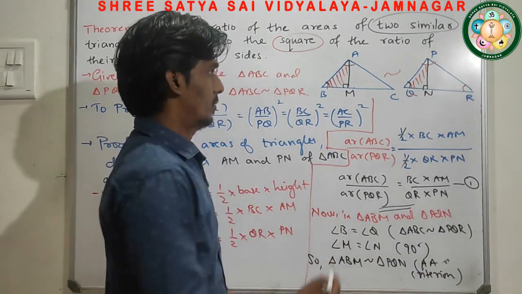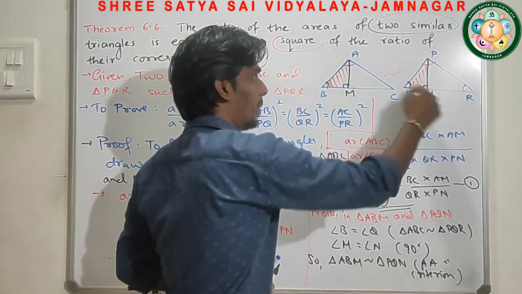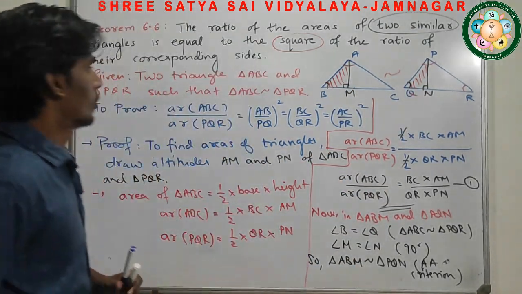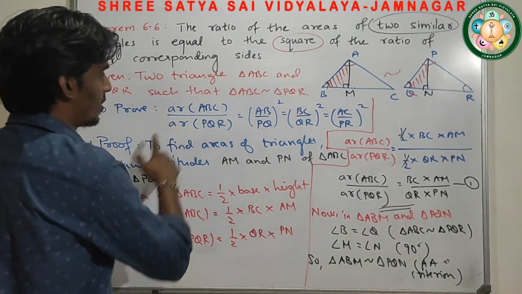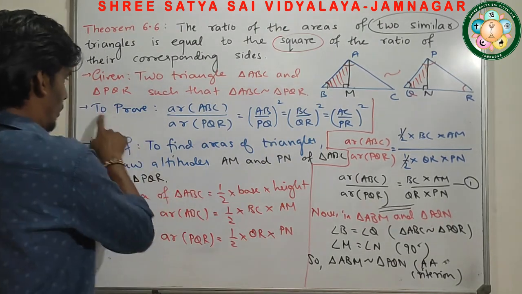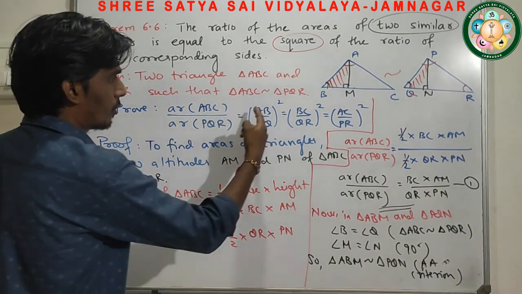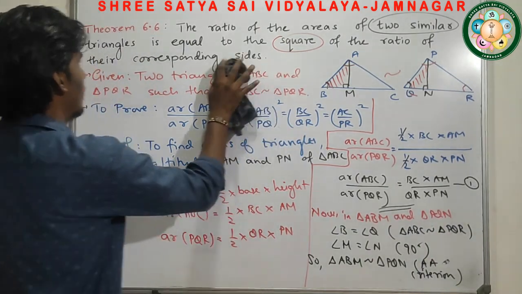So I can say that triangles ABM and PQN are similar triangles. So let me repeat up to this part. You just remember this part, to prove that area ABC upon PQR equals the square of the ratio of the corresponding sides.